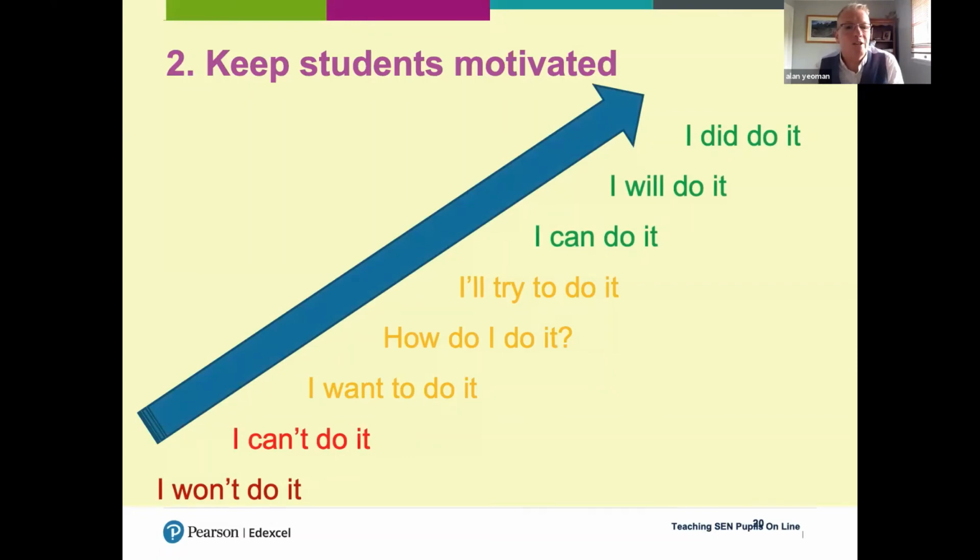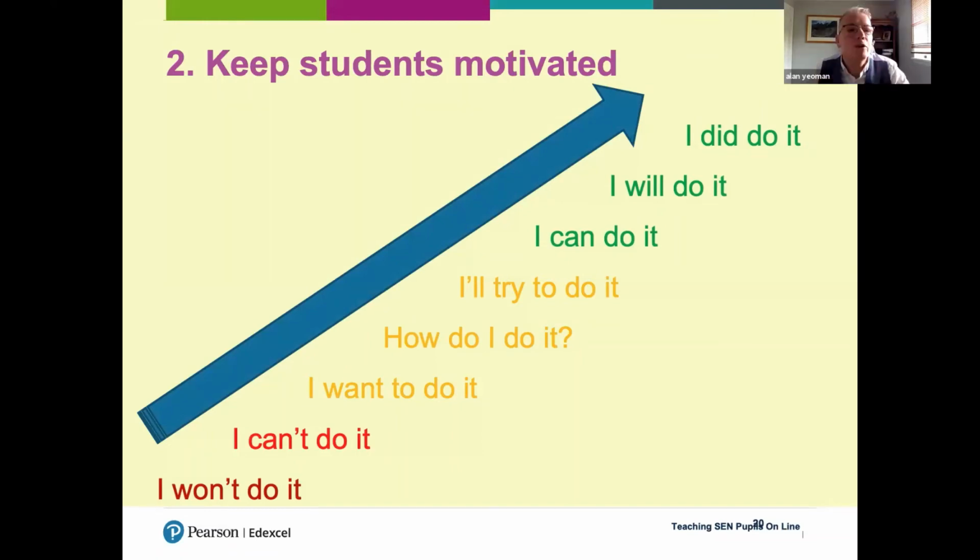There's that magic word yet. I don't know how to do it, but I'm going to find out. We've got to push them up that to get to the top to where they have done it. We need to know where each of our pupils is. We need to know where they all sit, where they are on that scale, and look at how we move them along that.